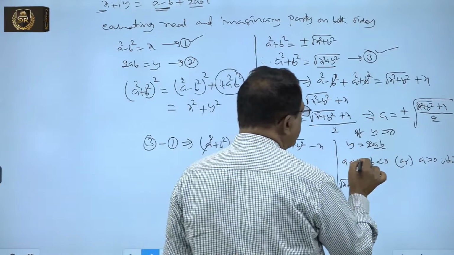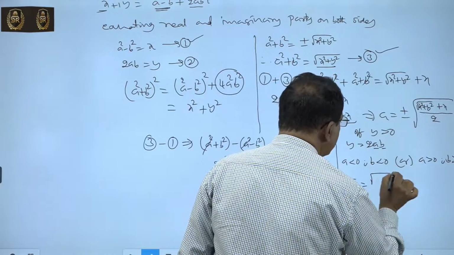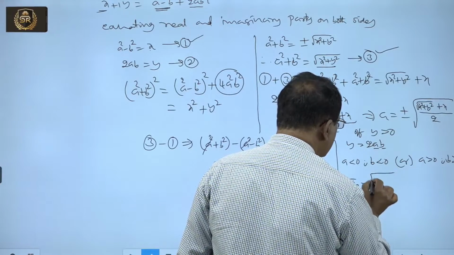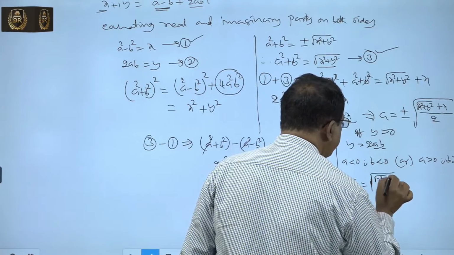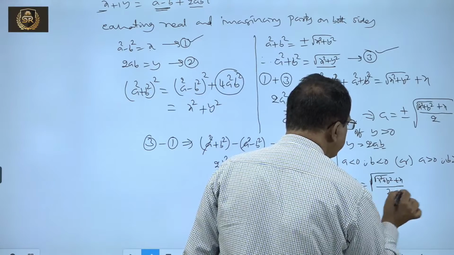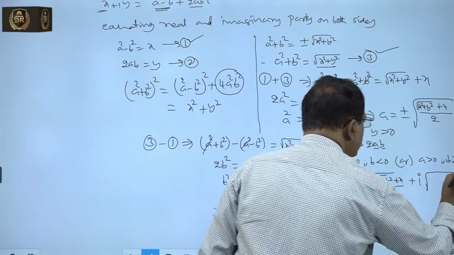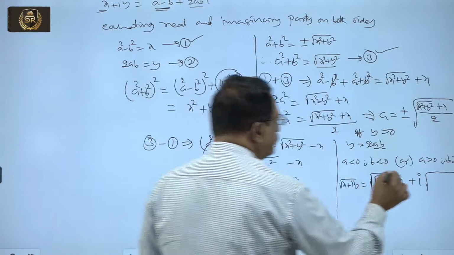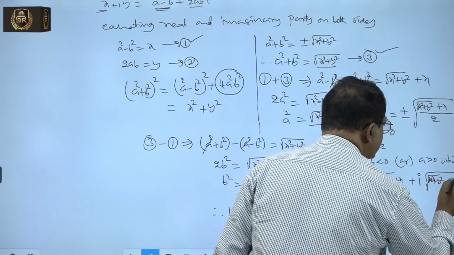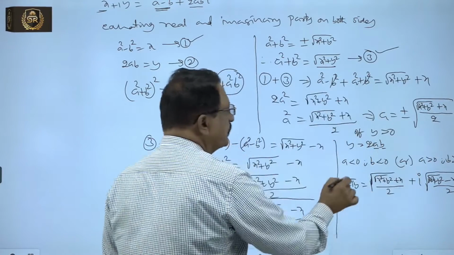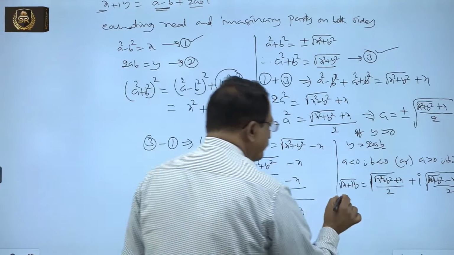Here first take the plus sign, both positive values, then we get the square root of the square root of x square plus y square plus x by 2, plus i into the b value. In b, the positive value is the square root of the square root of x square plus y square minus x by 2. Both a and b are positive, otherwise both are negative.